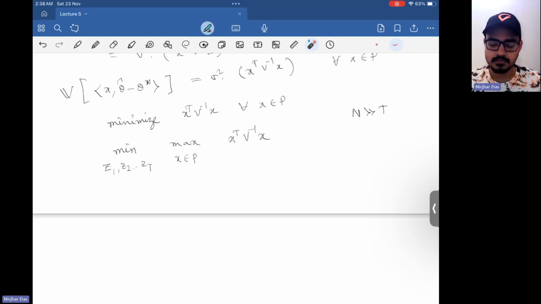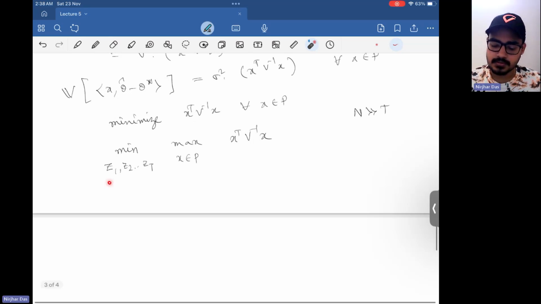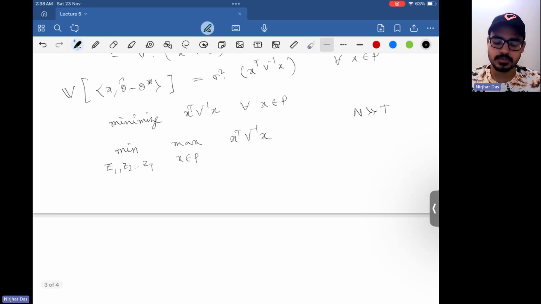And thereafter you can pick the next set of points. So this is basically an integer programming problem, and the general belief is that these problems are computationally hard. So we do a relaxation.